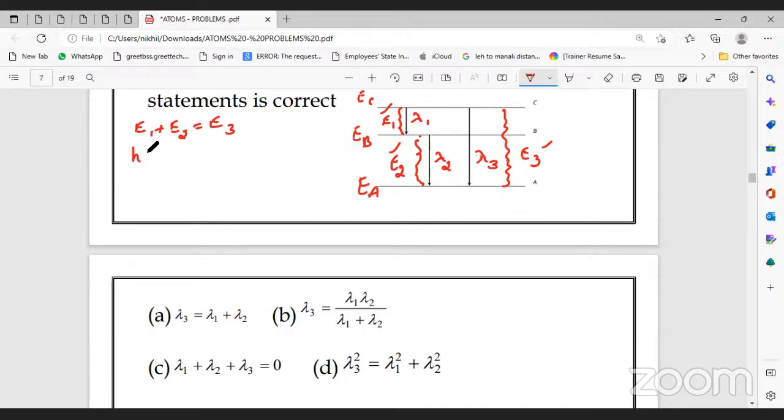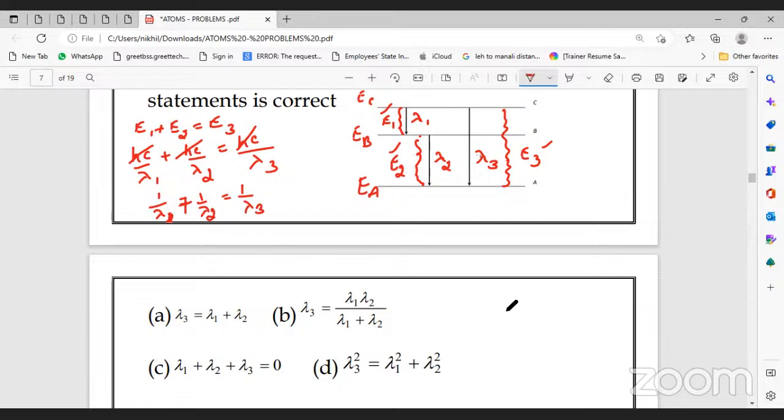What is E1? Hc by lambda 1. What is E2? Hc by lambda 2. What is E3? Hc by lambda 3. So you can cancel out hc. The left out terms will be 1 by lambda 1 plus 1 by lambda 2 equal to 1 by lambda 3.